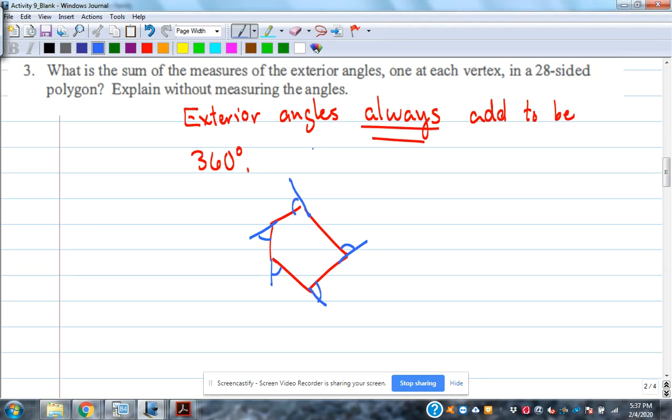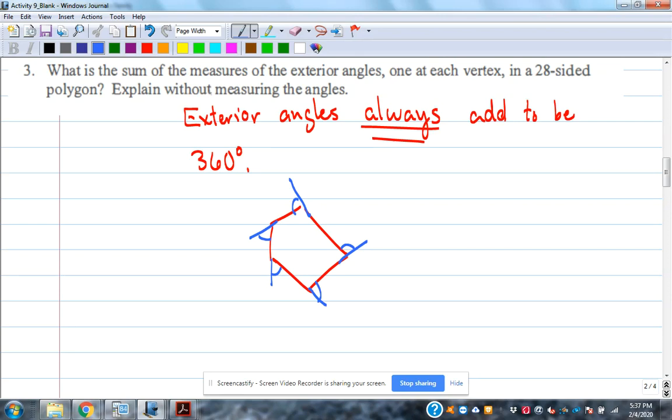Those outside angles, that's the exterior angles that it's talking about. So the sum, no matter how many sides it's got, it's always 360. Always. That's a rule. If that rule is not in place, some of our Euclidean geometry starts falling apart. It's always the case. So that's kind of a trick question there.